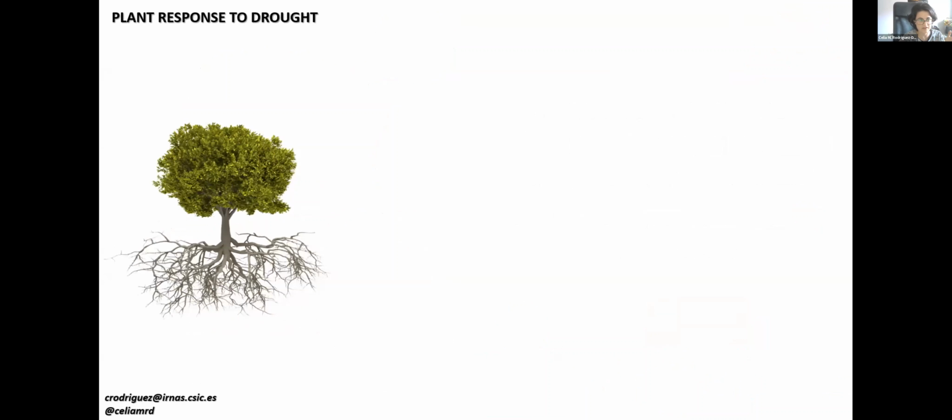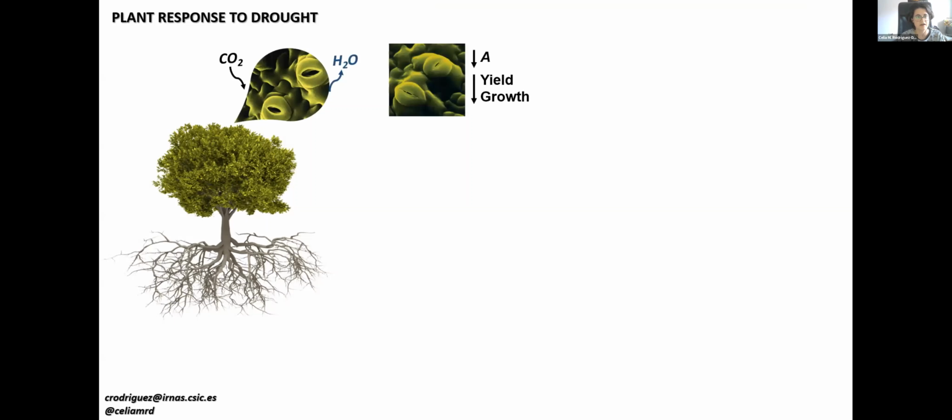I don't think I have to spend much time on this, because I think everybody knows that. But stomata are crucial for the plant response to drought. They regulate water use and productivity.